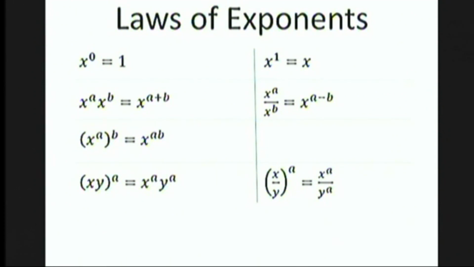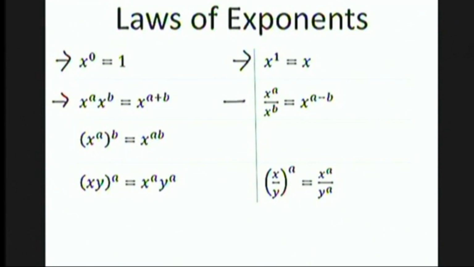Here's a little review of the laws of exponents we just covered, plus a couple more. So remember that x to the 0 is 1. X to the 1 is just itself, x. When we multiply two expressions with the same base, we can add the exponents.